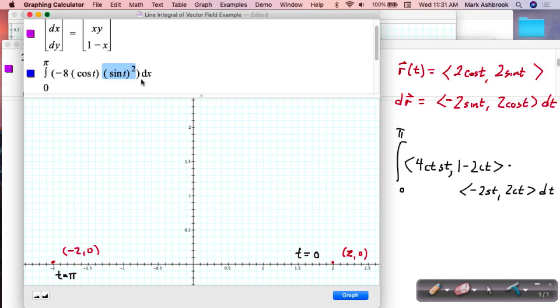Then plus 2 cosine t minus 4 cosine t squared. I think I agree.